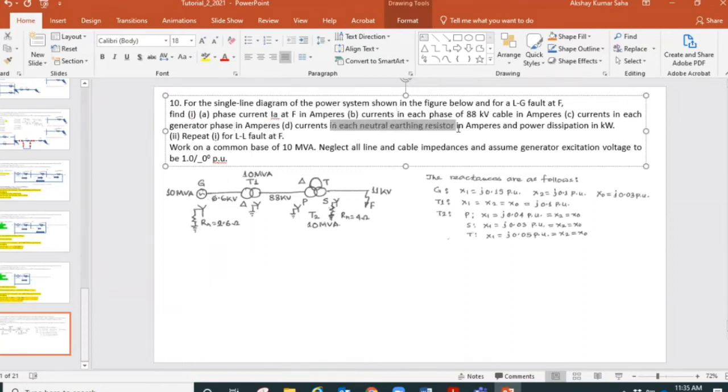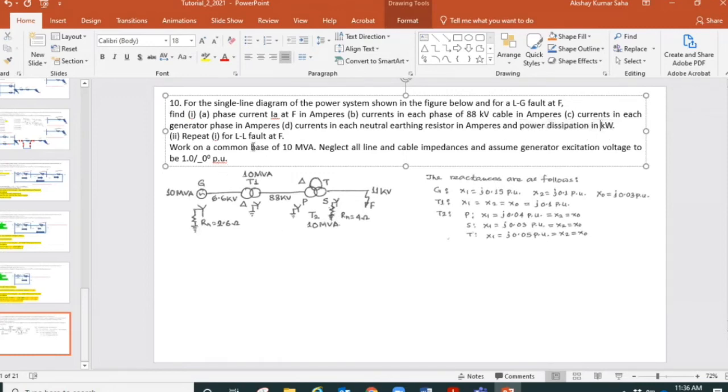Current in each neutral. This generator transformer is grounded through the resistance, so we have to find out the neutral current as well, and their power consumption in the neutral resistance. Some currents will flow, the power will be consumed here, I squared R, and we know that formula.